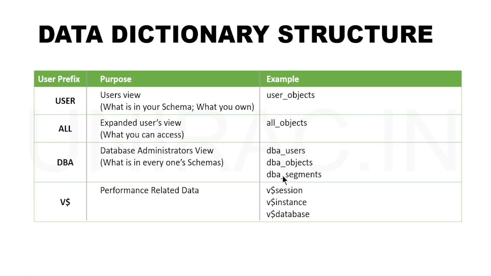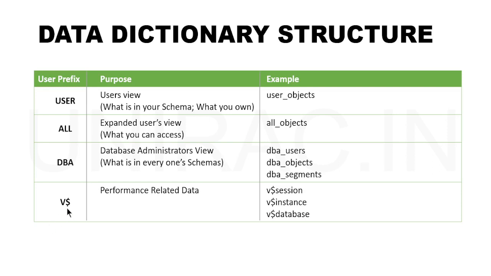There are many others, but all are prefixed with DBA_. Here in user_objects, we see only that particular schema, that particular user. But a DBA can find information about everyone's schema, all other users' schema information.